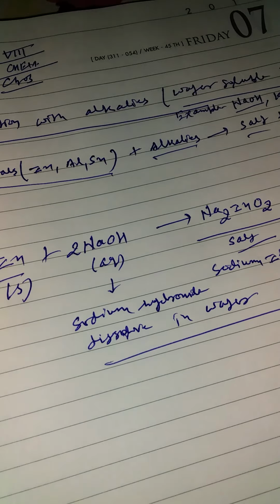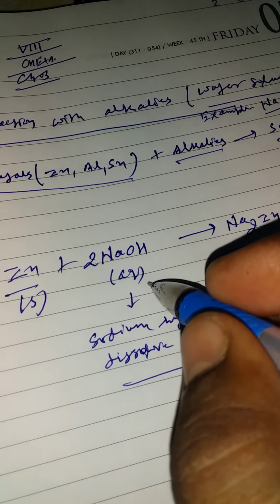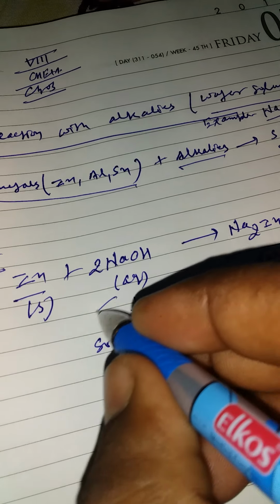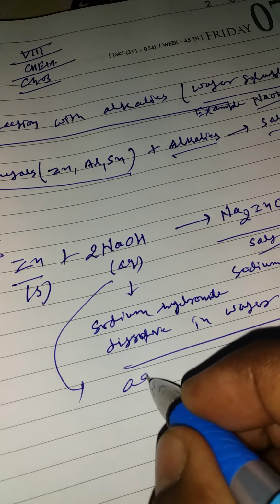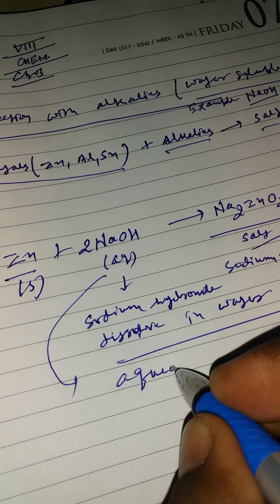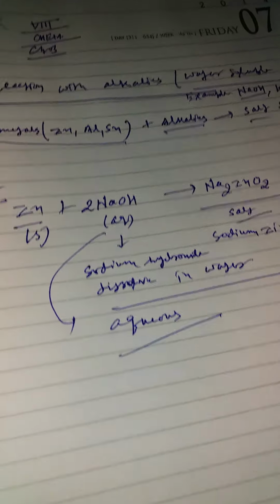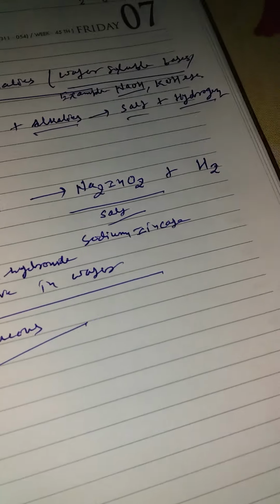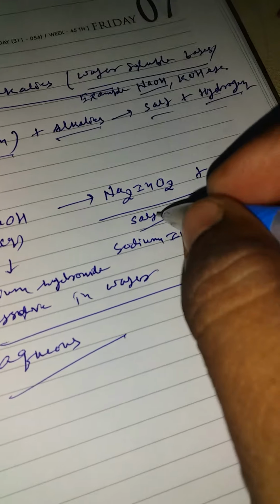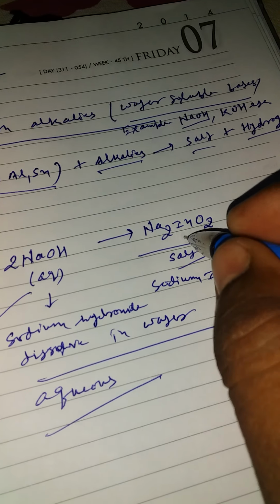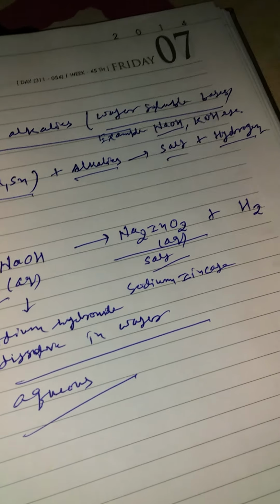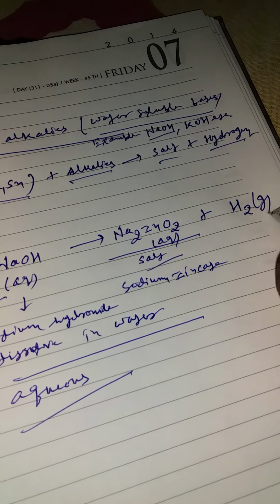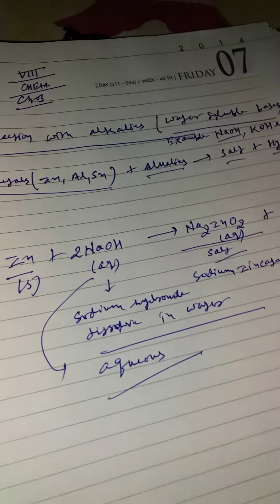That is, we use the term aqueous, AQUEOUS, aqueous. It forms Na2ZnO2 in the form of aqueous and hydrogen in the form of gas.